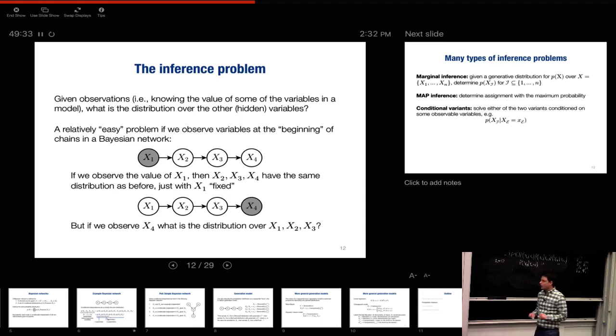Maybe I'll write it in the general case like this: P of x1, x2, x3 given x4 equals, whatever value x4 takes on, P of little x4 given x1, x2, x3 times P of x1, x2, x3, over P of x4.